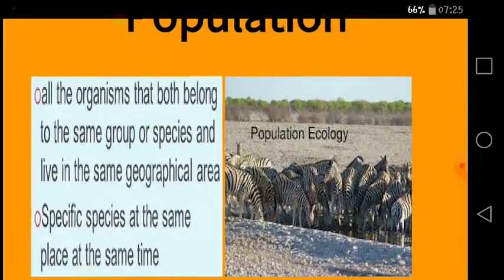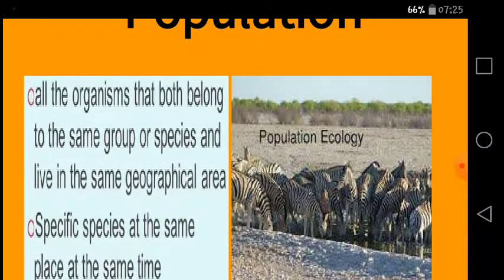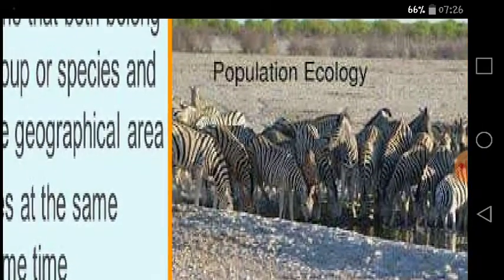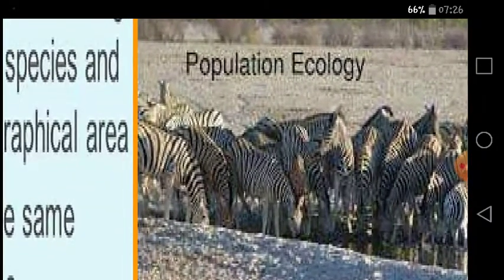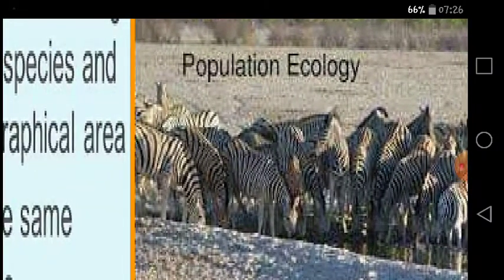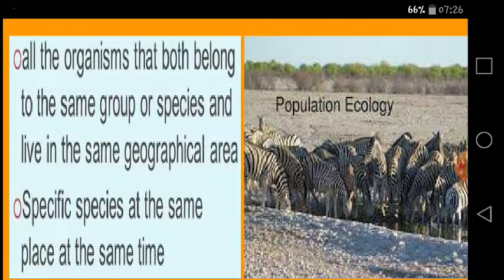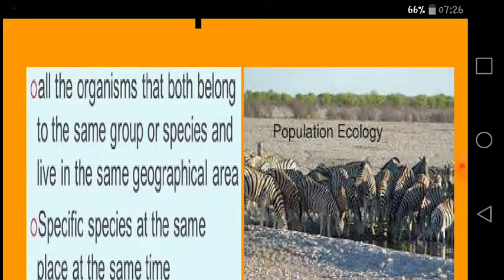Time is also a very important factor while we define the population, because at different times the populations of different areas are different. Now you can see a population ecology. A group of zebras are living together, drinking water. At this time, this is making a population.